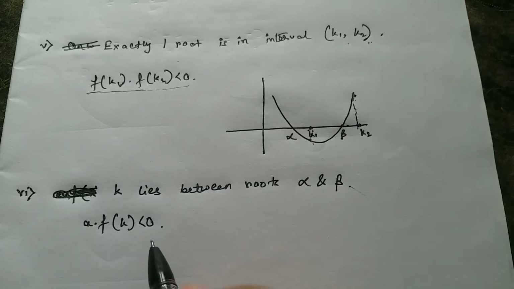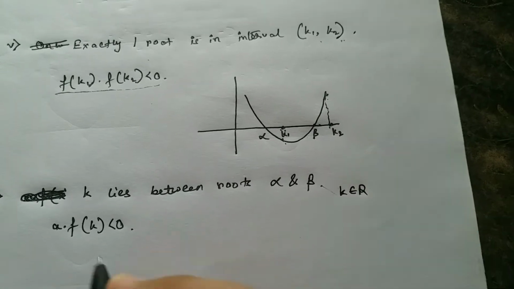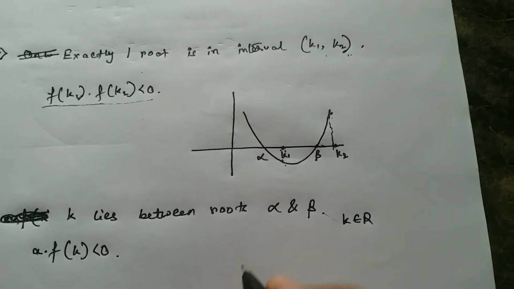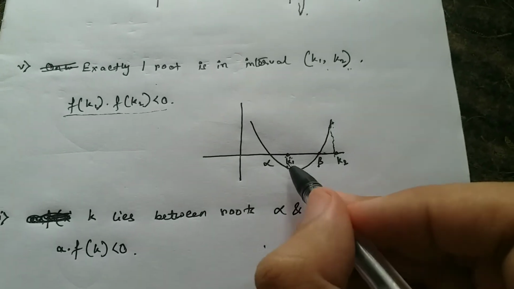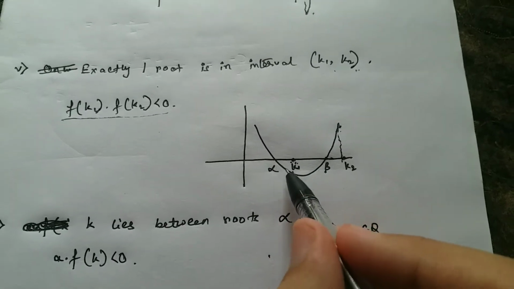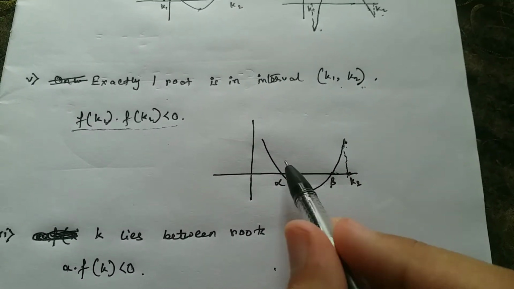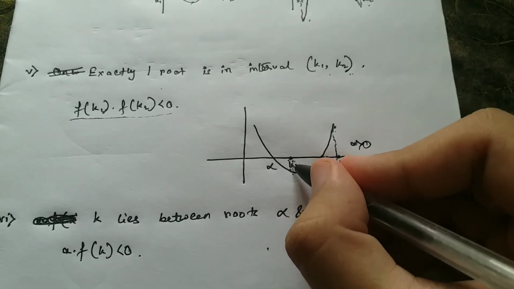So case number 6. Now we are taking a real number k lying between the roots alpha and beta. What will the diagram be like? This one only you can take. You can take k here in place of k1. So k is lying between alpha and beta. Now since here a is greater than 0, f(k) is less than 0.